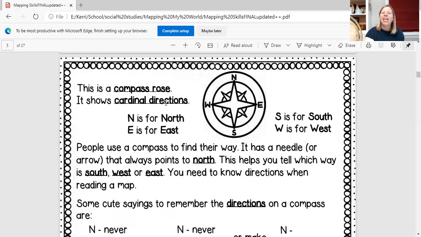What are those? Here's what they are. Just below it tells what cardinal directions are. N is for north. E is for east. S is for south. W is for west. So it tells the main directions, or cardinal directions.